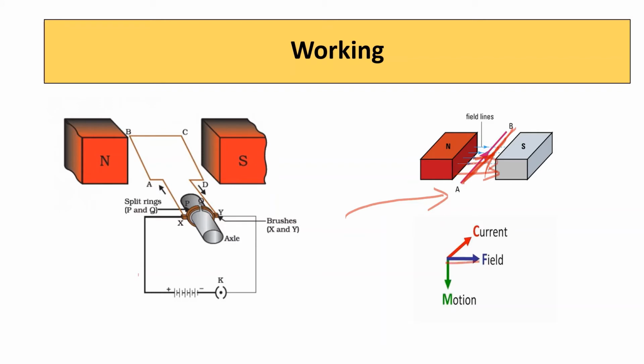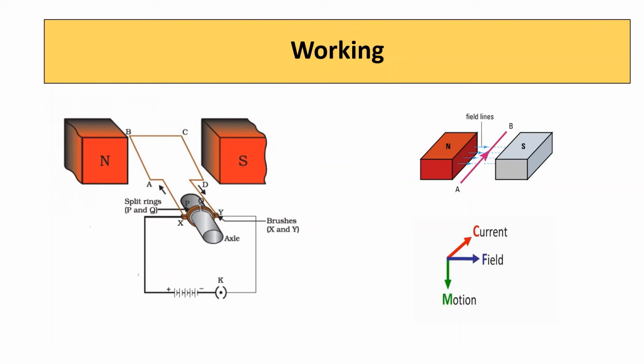This is the direction of the magnetic field, and the current direction is like this. When you apply Fleming's left hand rule, the thumb should point downwards, which gives you the force. The force acting on this arm will be downwards as the current is flowing from A to B.